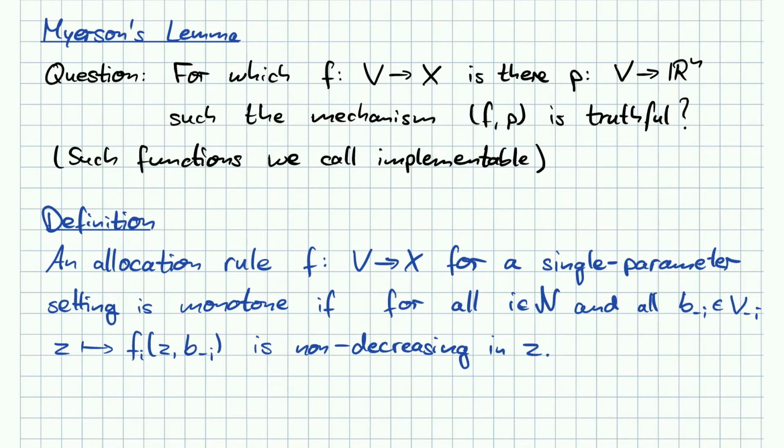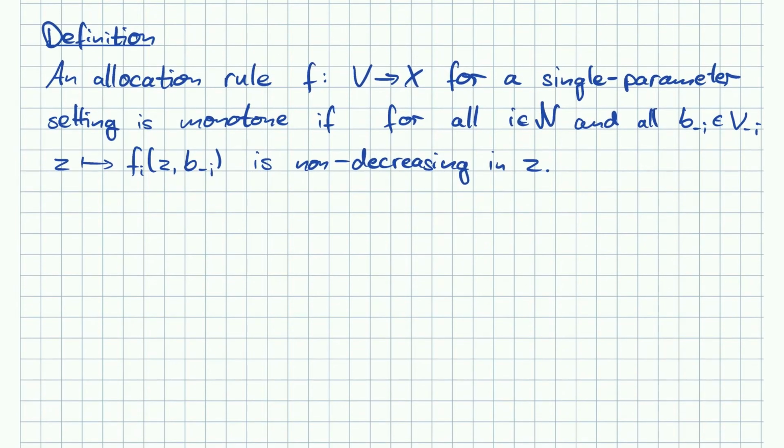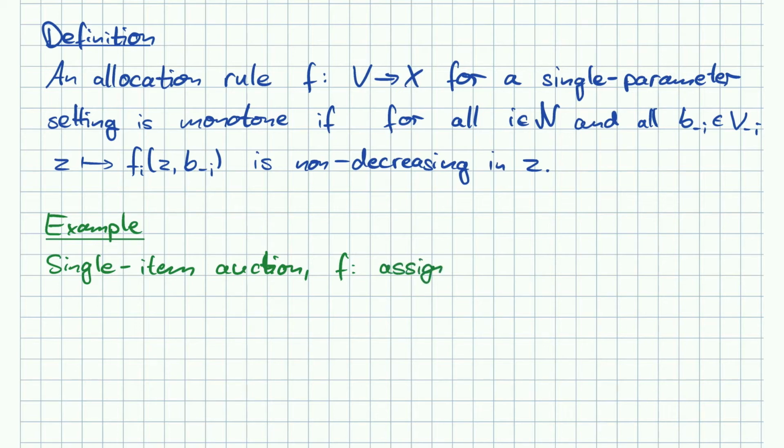So what might this look like? Maybe let's see this also in an example. Recall the single item auction, and let's consider f as the function that assigns the item to the bidder with the highest bid.